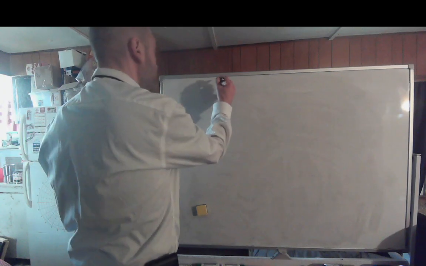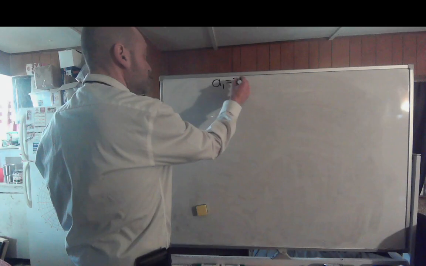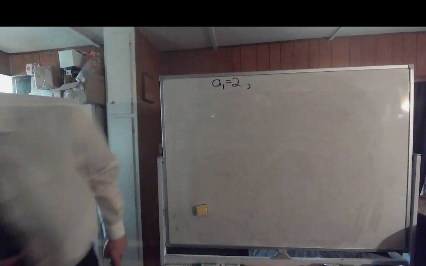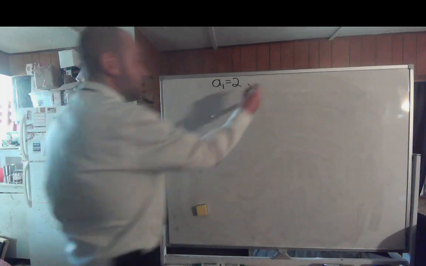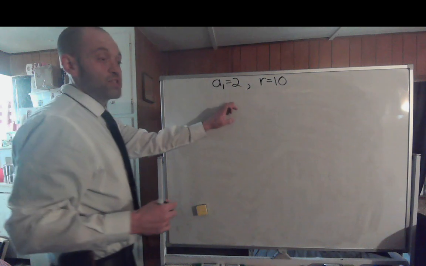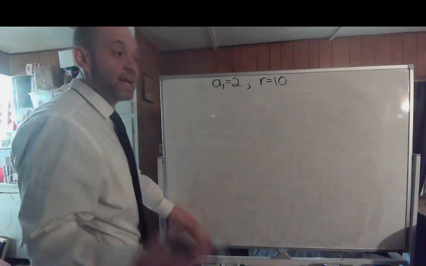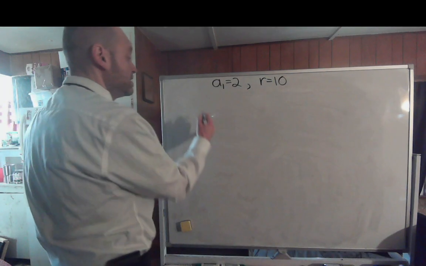Alright. Now, in this case, we're going to have a geometric sequence where the first term is 2 and the common ratio is 10. We're going to find both an explicit and a recursive formula.